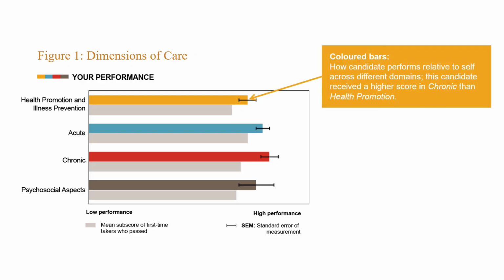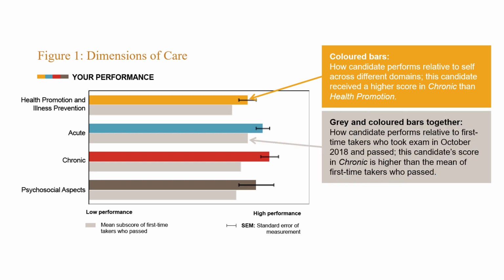The colored bars, featured in this diagram, illustrate how a candidate has performed relative to self across different domains. The gray bars indicate the mean score of first-time test takers who passed the exam. In this case, the candidate received a higher score in chronic than they did in health promotion and illness prevention.